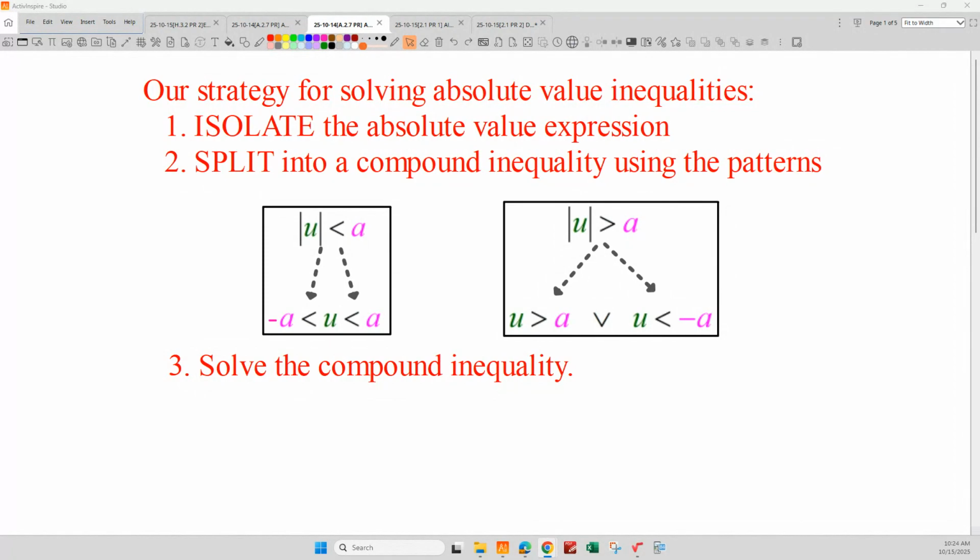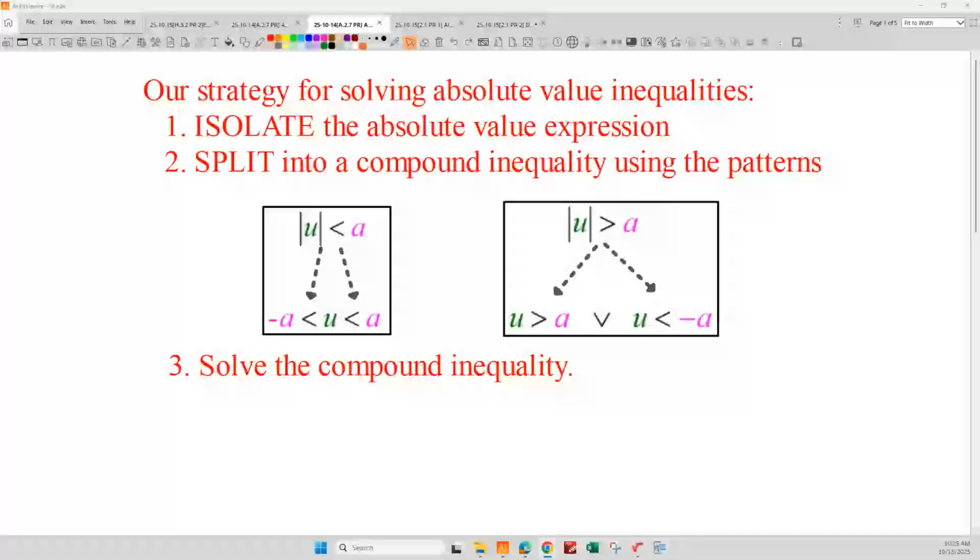So whatever's inside is going to be greater than the negative outside number and less than the positive outside number. If the isolated absolute value is greater than some number, then whatever's inside is either going to be greater than the positive number or whatever's inside is going to be less than the negative.